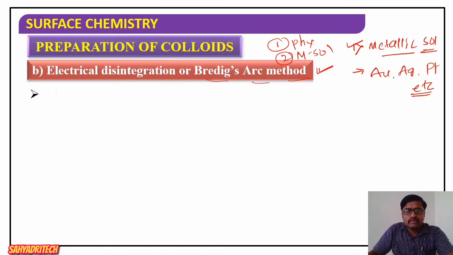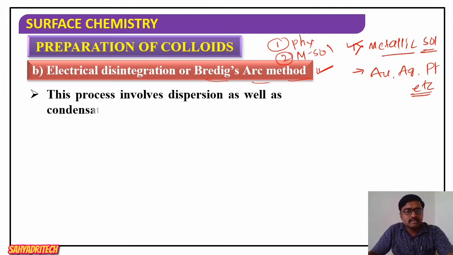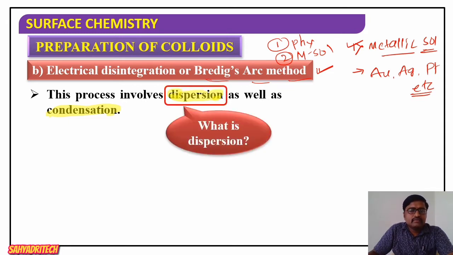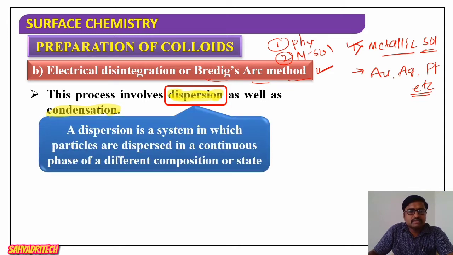Well, how a metal sol is prepared: this process involves dispersion as well as condensation. So in Bredig's arc method, the phenomena involved are dispersion and condensation. Then we should be aware of the meaning of these two terms. What is dispersion here?